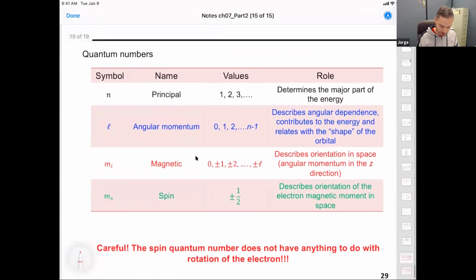And here we have a big table with a summary of the four quantum numbers, symbols, name, possible values, and the meaning of each one.